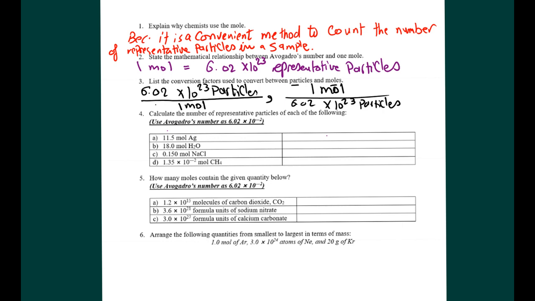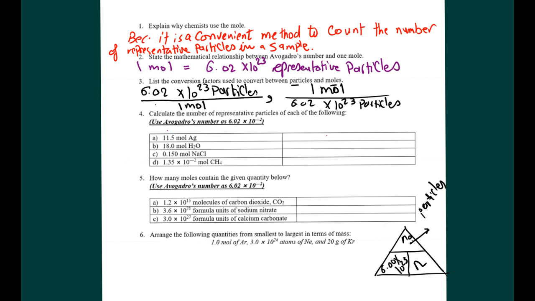Instead you can use the formula, for which we can draw a triangle. You write here number of particles, and here is Avogadro's number, and to make it simple, just use 6 times 10 power 23, and the number of moles will be on the other side. Here is the number which we mean representative particles.